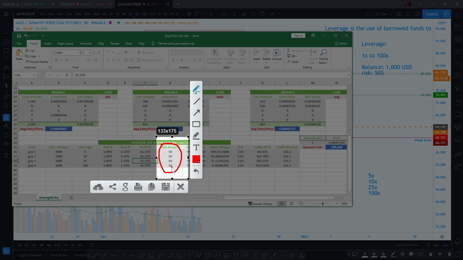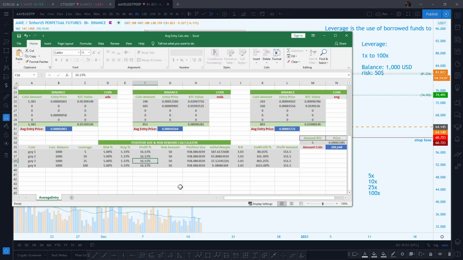So if the trade goes against all of them, they are losing $50, right? Okay. So from the calculator, the position size for the first guy will be 938.000 something. But as you can also see, all of them have the same amount of position size. No matter the leverage, they have the same amount of position size.